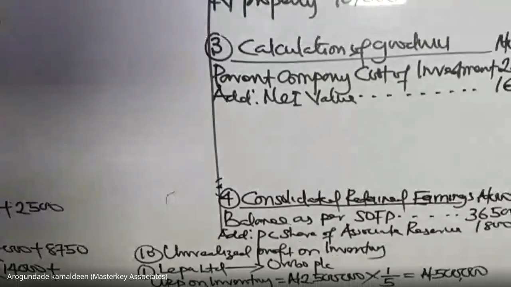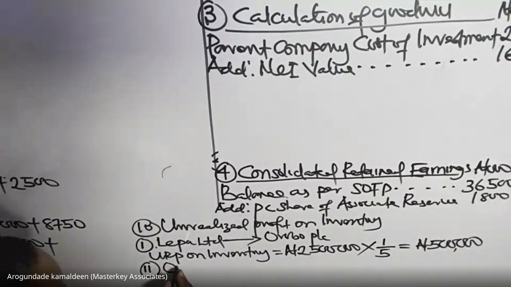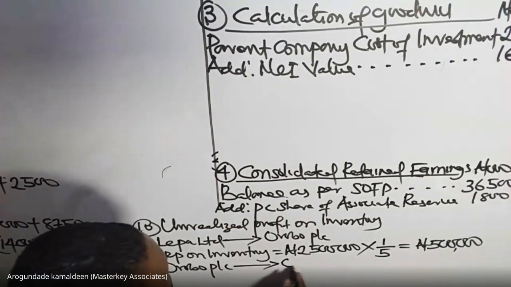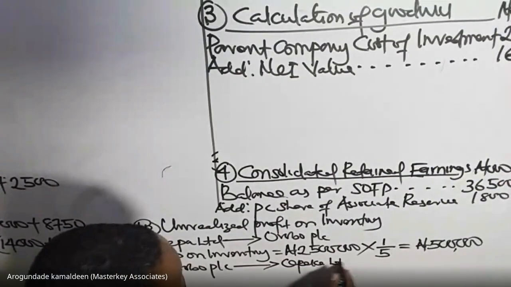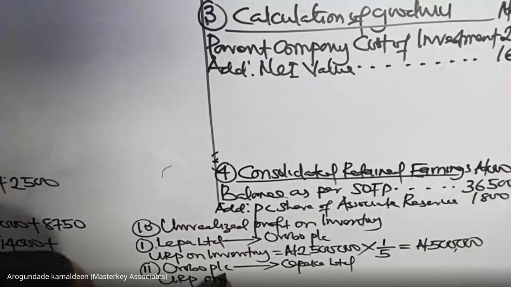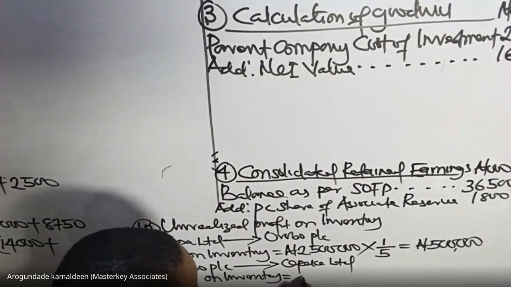The next case now, between the parent, Orobo, and the associate. So what is the value of the goods sold? 2 million. The URP is on 2 million.